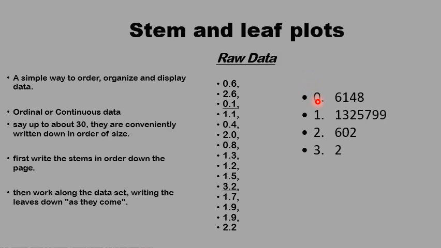The stem is 0 point something, 1 point something, 2 point something, and 3 point something. The minimum is 0 point something, and the maximum score was 3 point something. So you form the stem of these 4 marks, 0 point up to 3 point.